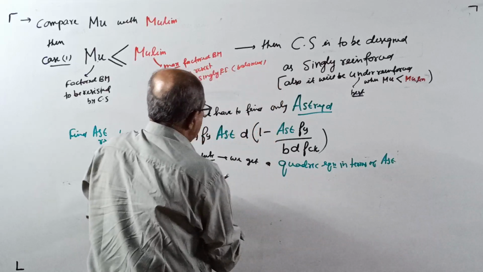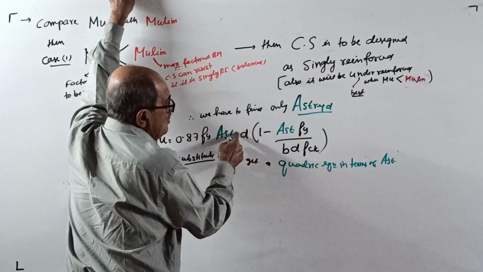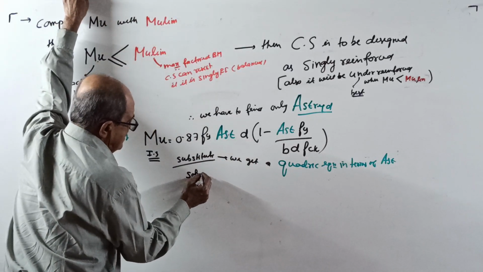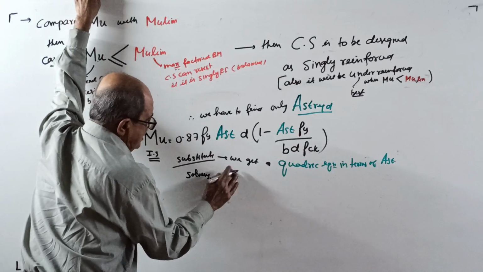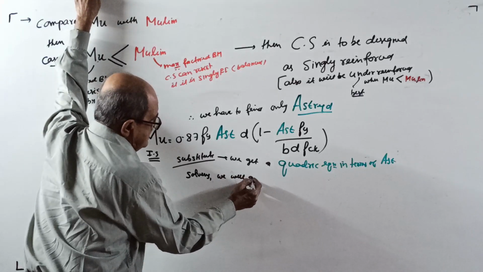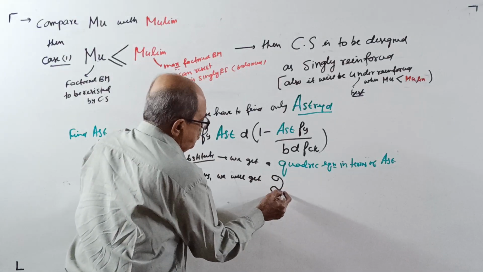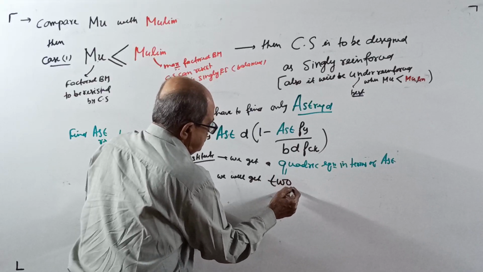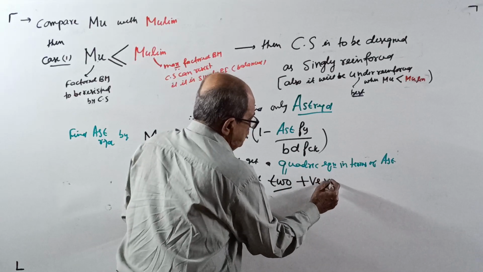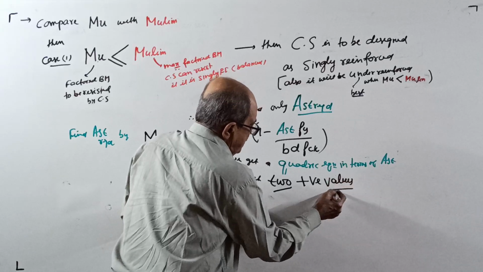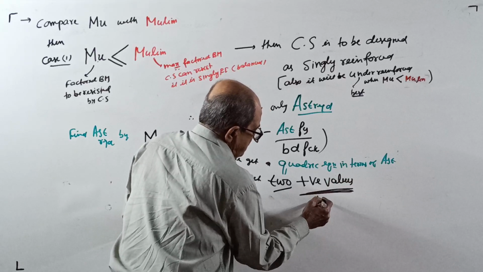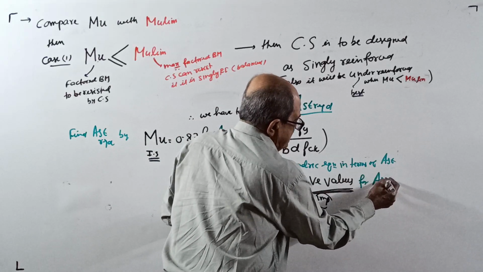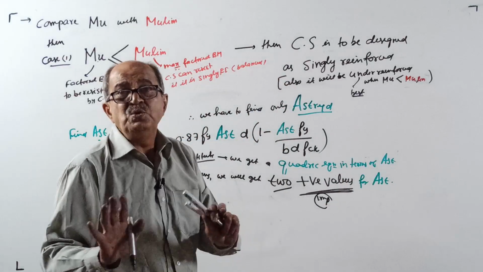See, you can see here, AST square and AST terms. Then solving the equation, we will get, very important, 2 positive values for AST. Now, which one to consider?